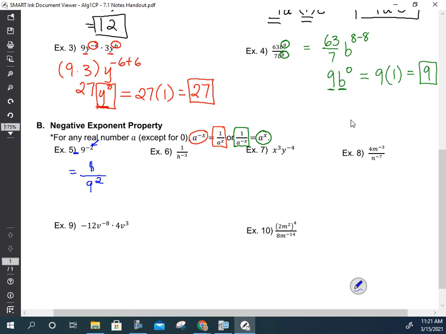Again, since there's nothing in front of the 9, you put a 1 on top of the fraction. Take the 9, rewrite it, take the negative 2 and make it a positive 2.